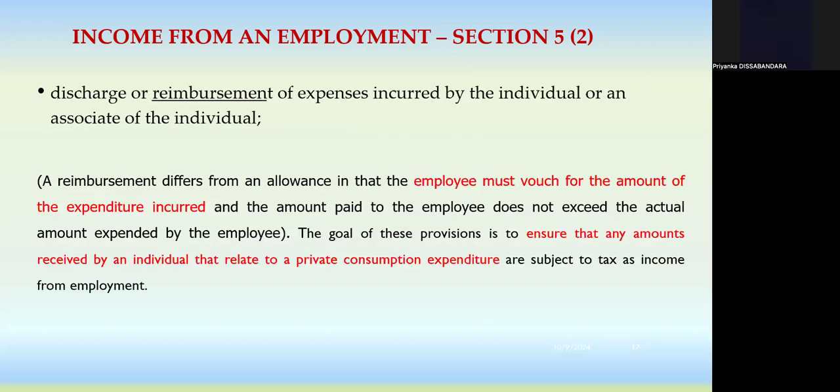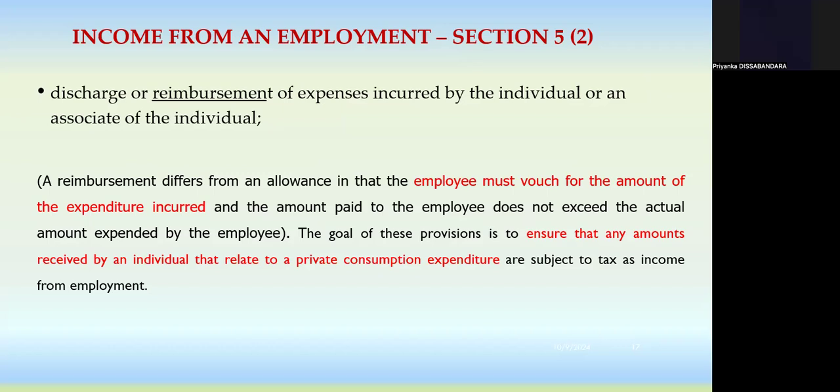The next one is discharge or reimbursement of expenses incurred by the individual or an associate of the individual. That means if we make an expenditure, after making that expenditure, we have to collect the bills, and we can submit those bills to the employer.